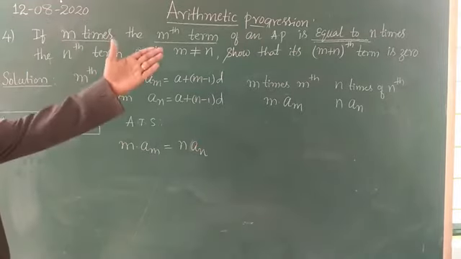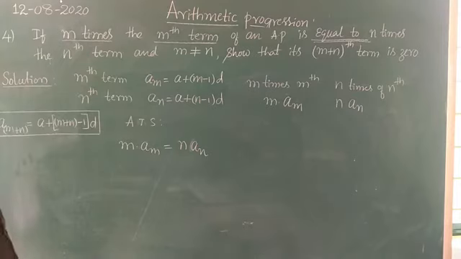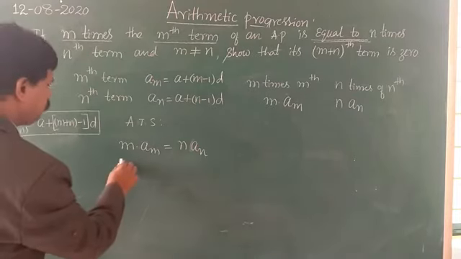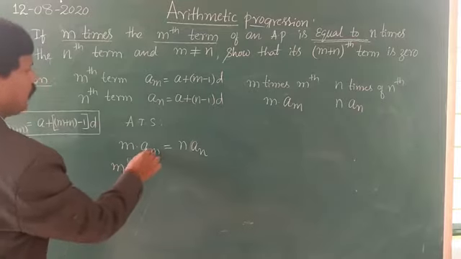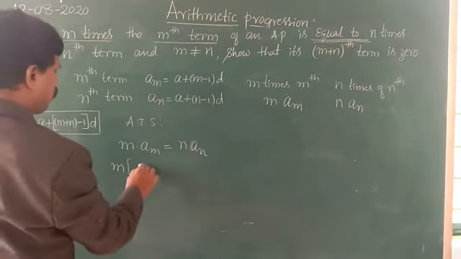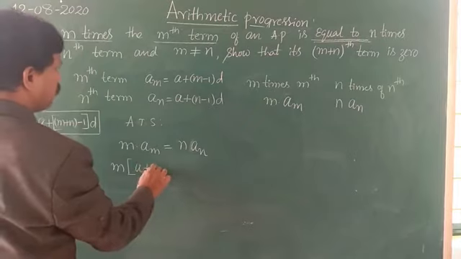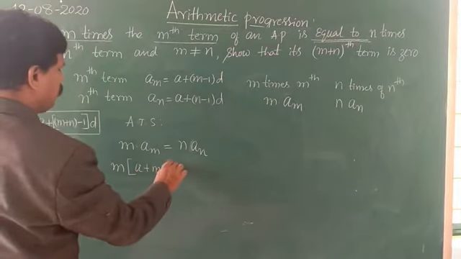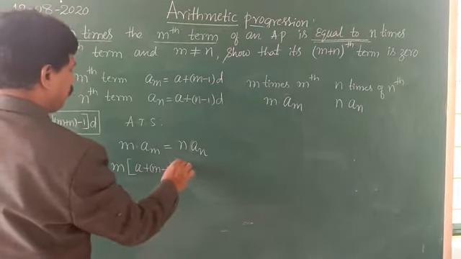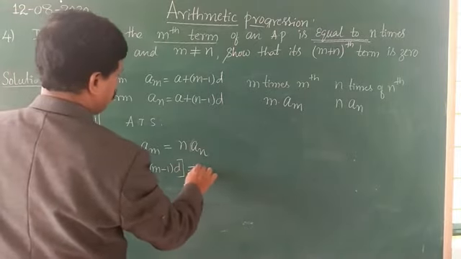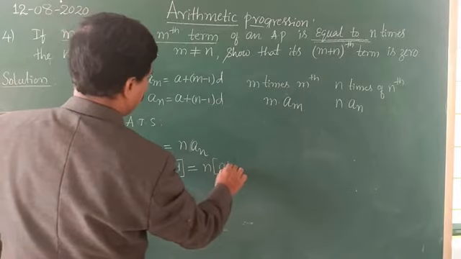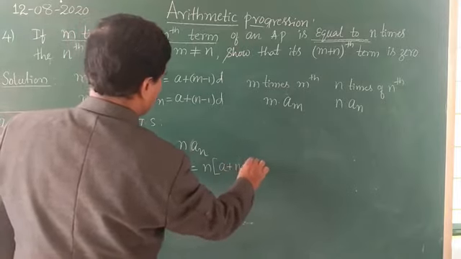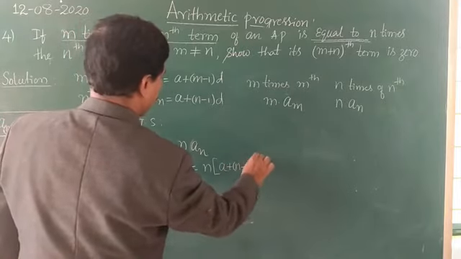This is what the statement is given. Now m into am, you write down this: m into a plus m minus 1 into d is equal to n into a plus n minus 1 into d.